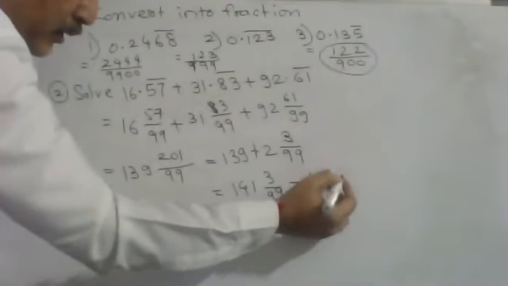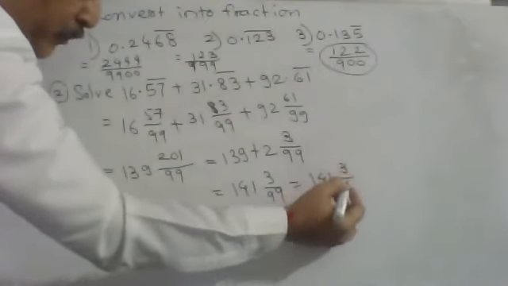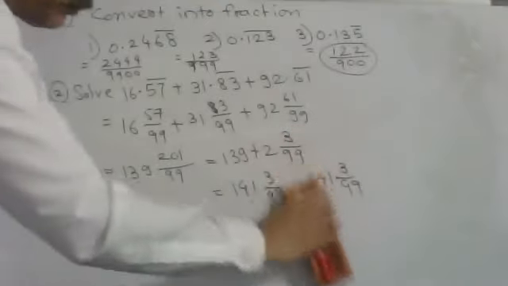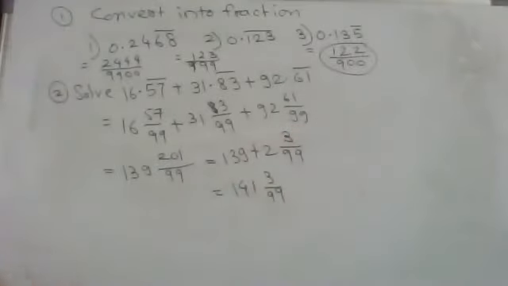This will be 3 upon 99, okay, directly. Point 03, 0.03, 0.03, and so on.